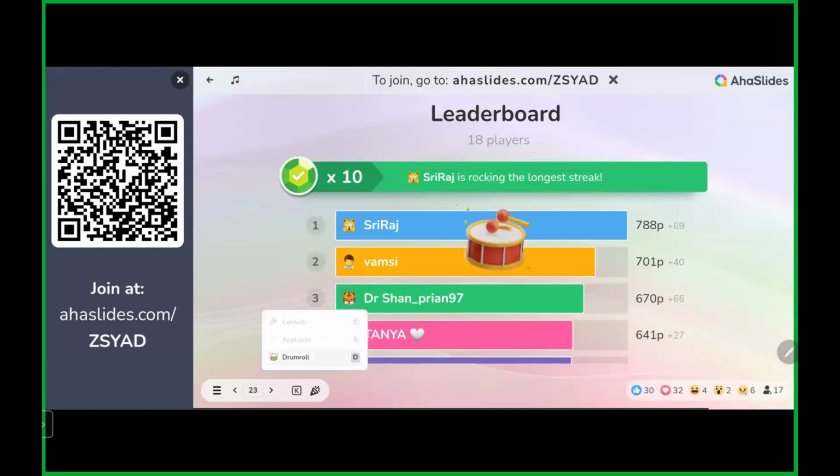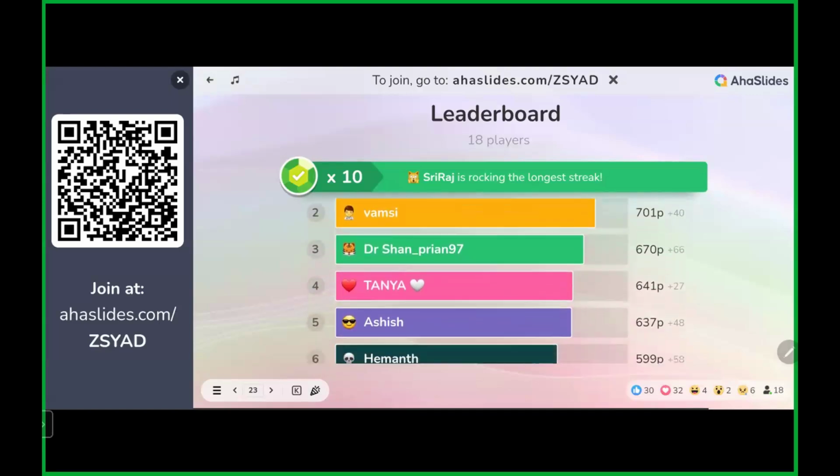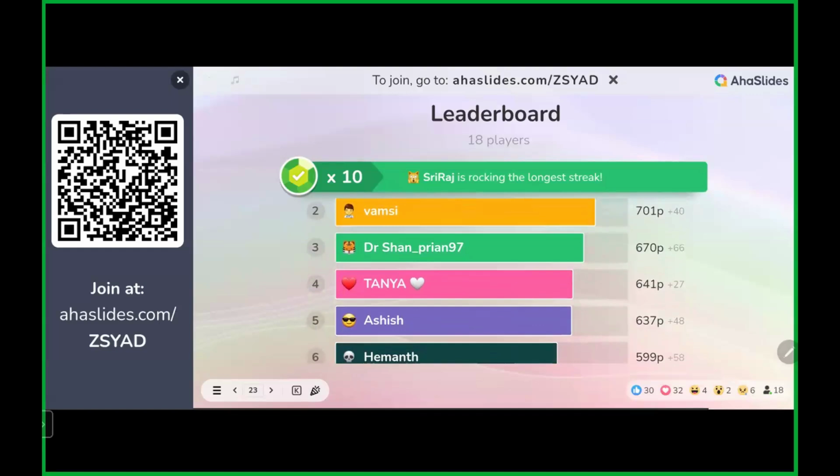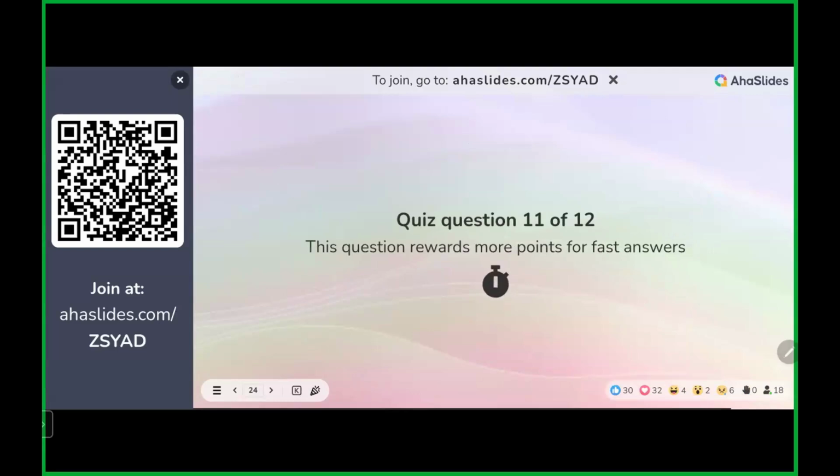I'm going to give drum rolls for him. No one has done this before. It's like the golden buzzer. Congratulations, Sriraj. It's commendable. Followed by that, we have Vamshi, Dr. Shanpriyan, Tanya, and Ashish, followed by Hemant. I think ENT is his favorite subject. He can pursue PG in ENT.